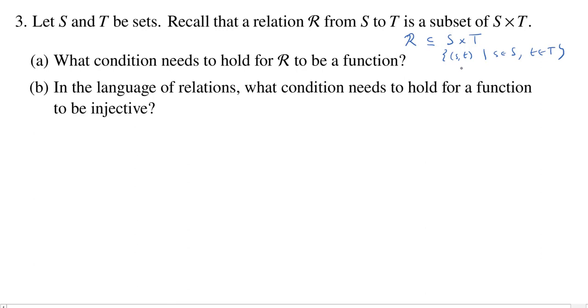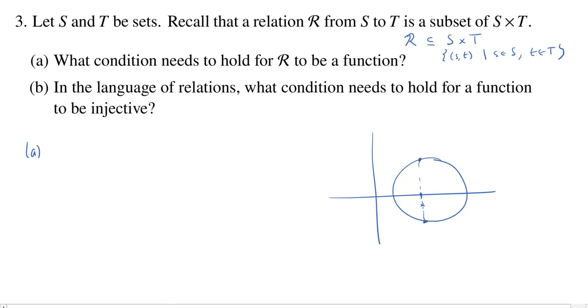So a relation is just a bunch of pairs of elements from one set and another in a specific order. The first question here is asking what condition will need to hold for this relation to be a function. For a function, the key idea is that for each input you want to have a unique output. The thing you're trying to avoid is something like this, where for a particular input x you have two different outputs.